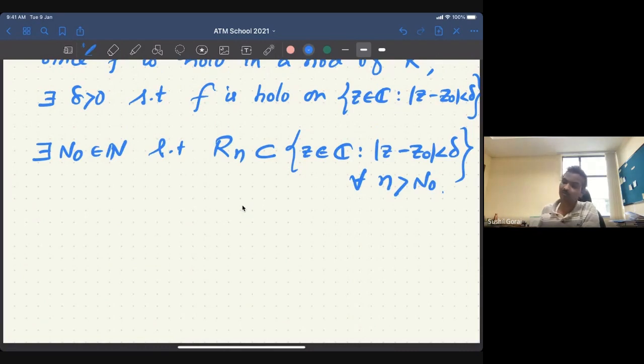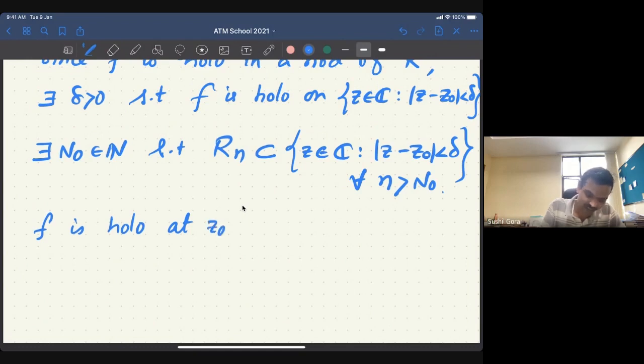Now we'll use holomorphicity and a little bit of estimate of holomorphicity. So f is holomorphic at z0, or in a neighborhood of z0.